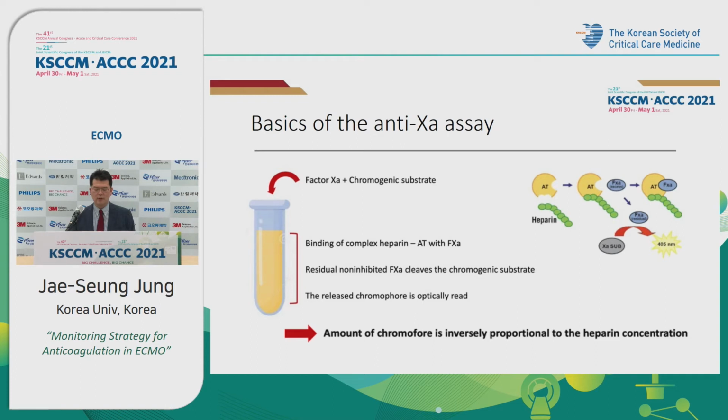At first, a binding complex of heparin and antithrombin with factor 10A is made, and then residual non-inhibited factor 10A cleaves the chromogenic substrate. This assay reads optically the released chromophore. The amount of chromophore is inversely proportional to the heparin concentration.